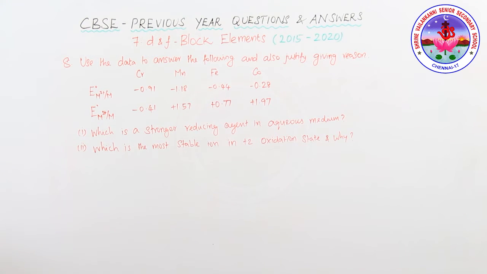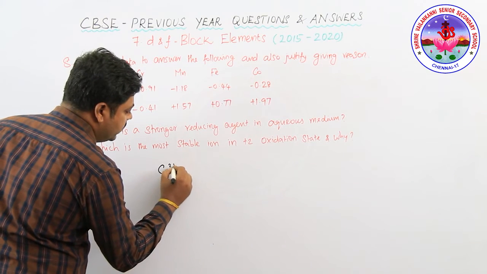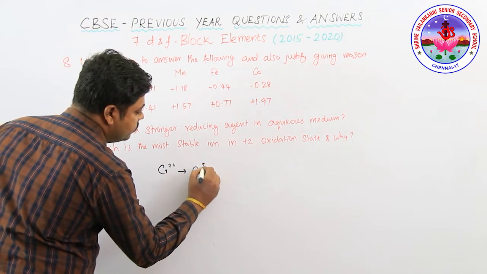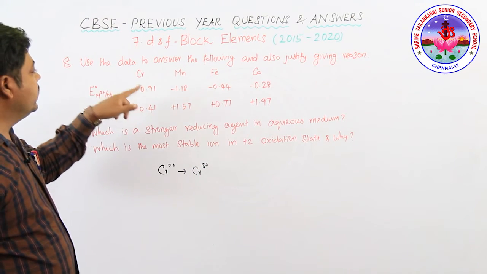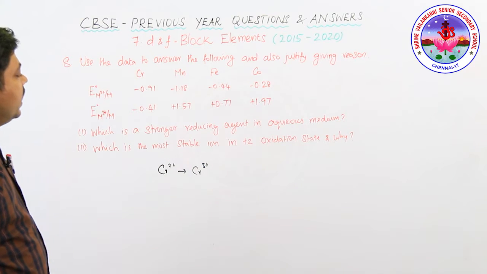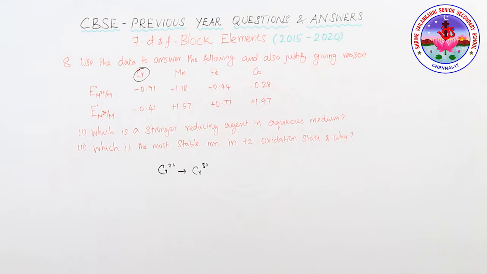Because Cr2+ is the stronger reducing agent, as it oxidizes to Cr3+. That is why the stronger reducing agent in aqueous medium is chromium. Just write that chromium is the stronger reducing agent.